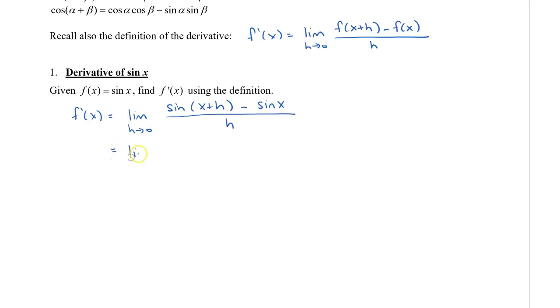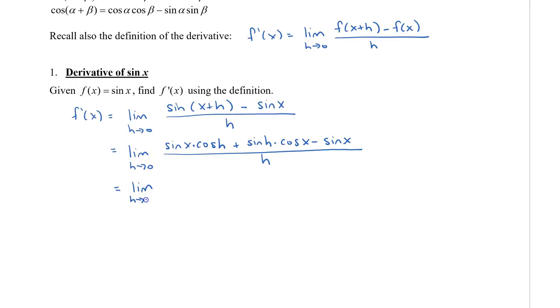Okay. So we're going to use our sum identity to expand our sine of (x plus h). So this becomes sine x times cos h plus sine h times cos x, and then minus sine x, and then again, all divided by h. All right, so I'm just going to do a little bit of rearrangement here. Let me write the limit again.